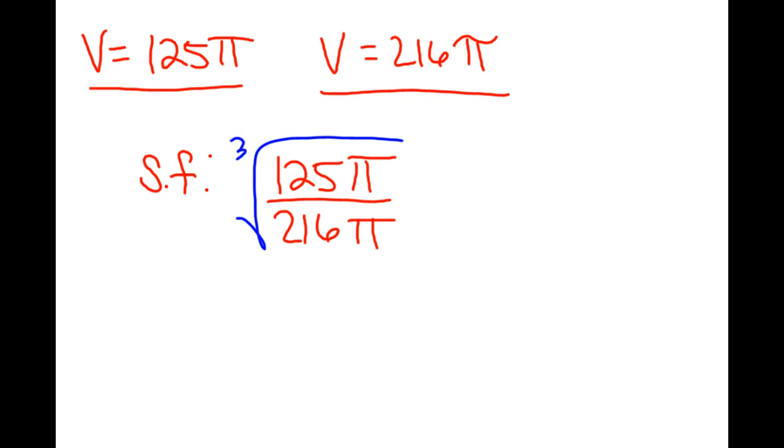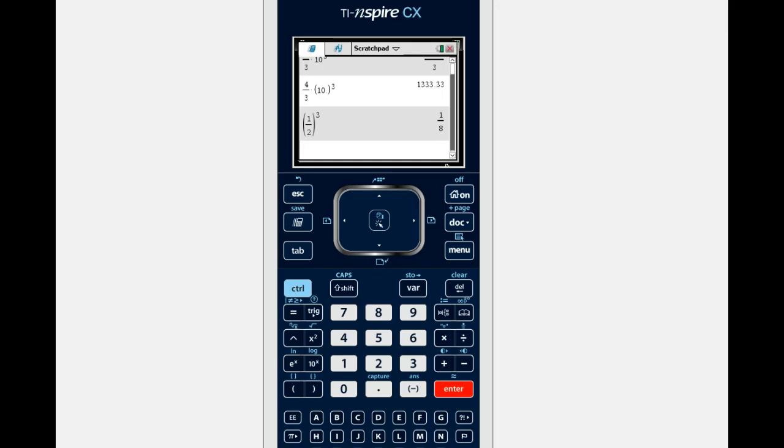So I'm going to go back to my calculator and I'm going to enter the fraction without the pi. Actually, let's go back. First thing I need to do is set up my cube root. So you do the control caret. I'm going to be taking a cube root, so I put a 3 there. Then I arrow down. Now I put my fraction in.